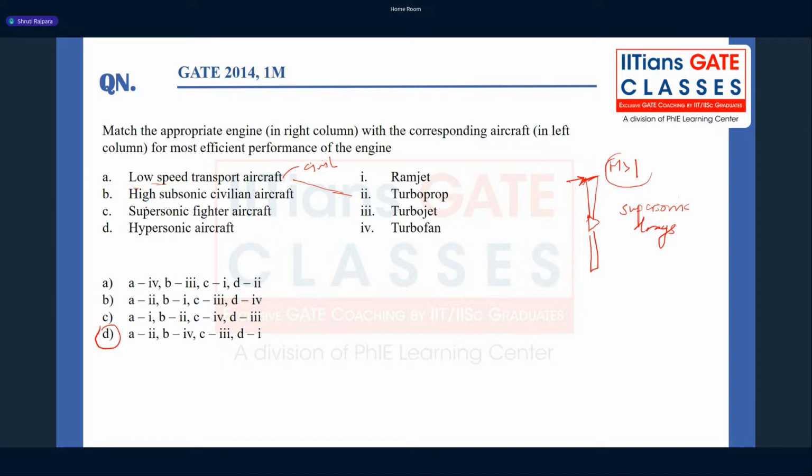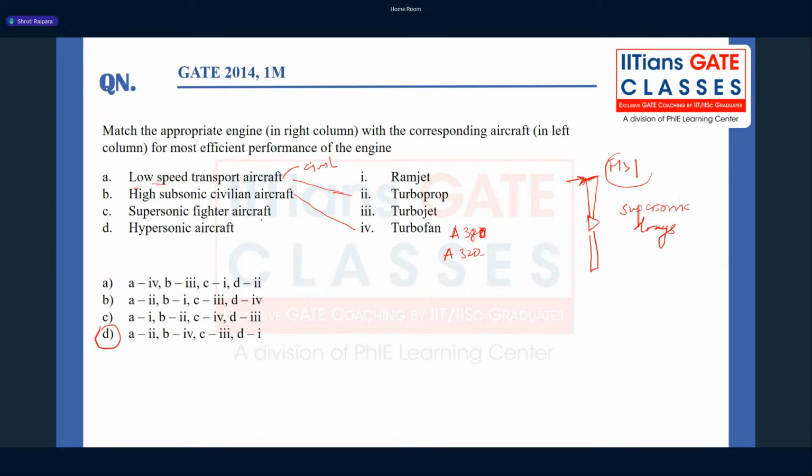But when we move towards high subsonic civilian aircrafts, then we might want to go for turbofans, which are currently being used in A320, A380 aircrafts.